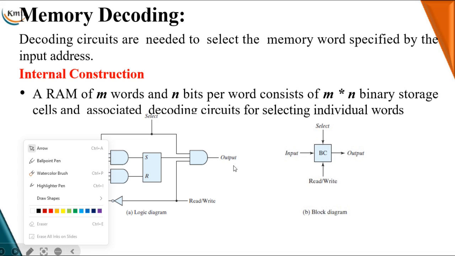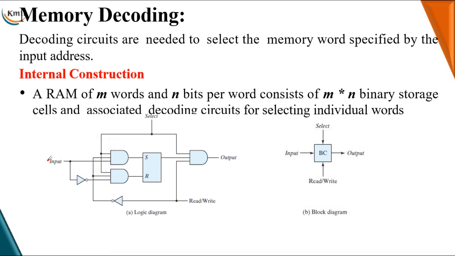So this is a simple block diagram of your binary cell. Now let me explain in detail the inside logic of your binary cell. This binary cell is constructed in a static RAM using flip-flops. A flip-flop is the one which can hold one bit of data based on your inputs as well as your previous state. In order to select a particular binary cell, we use an address decoder.